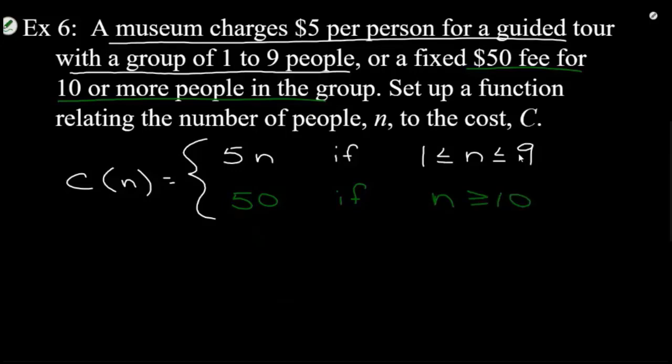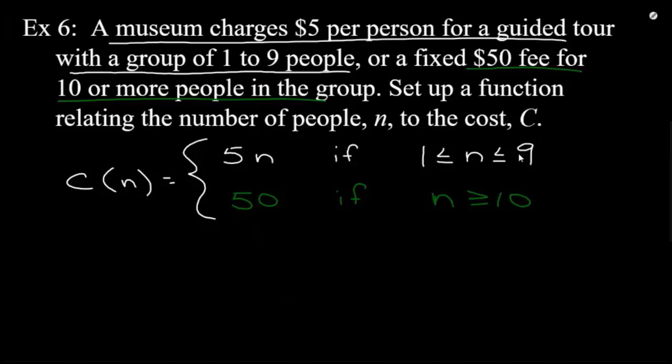Greater than or equal to? So in other words, if you bring 50 people, you're still only going to pay $50 because that's what they said, right? Anything 10 or more, you just pay the flat fee of $50. So that is an example where a piecewise function would be used to calculate a cost in this particular case.